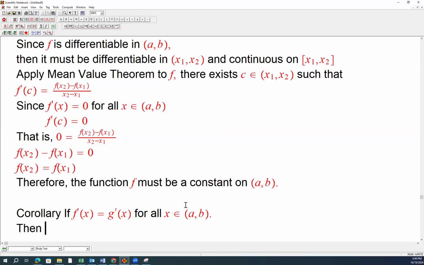Then, the condition is the derivatives are the same for all the x in a particular interval. Then f of x minus g of x is a constant.